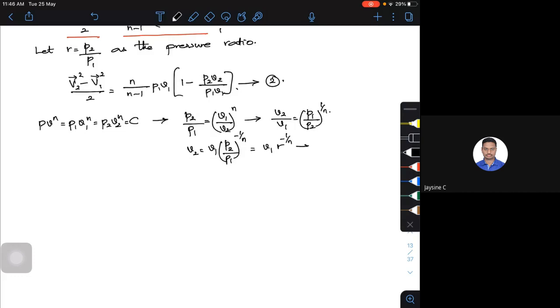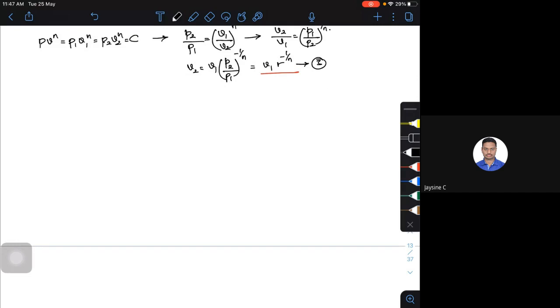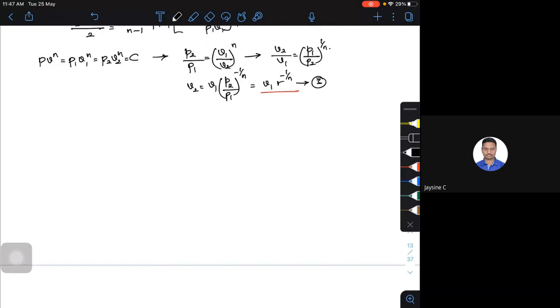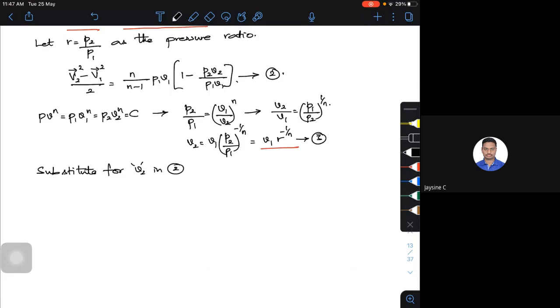I'm calling this equation number 3. Now I'll substitute for this V2 in equation 2. So in equation 2, if I substitute, what will happen?